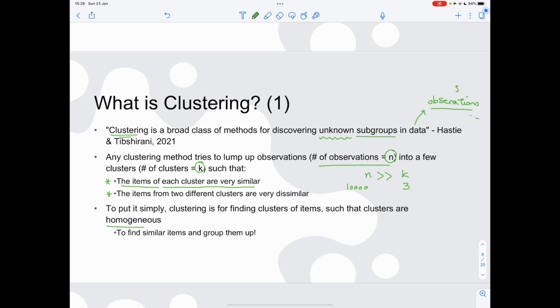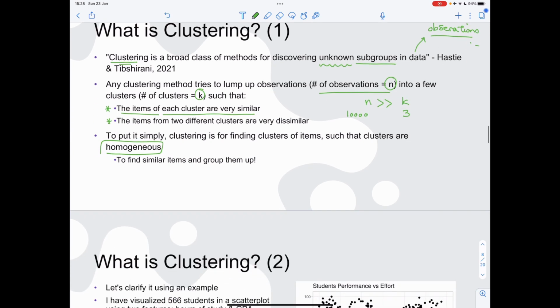There are two terms that I'm going to repeat a lot. One of them is homogeneous, and it means that the items inside of clusters are similar. So they are all triangles in this cluster, they are all squares in this one, they are all stars in this cluster. And another term that I'm going to repeat is homogeneity.